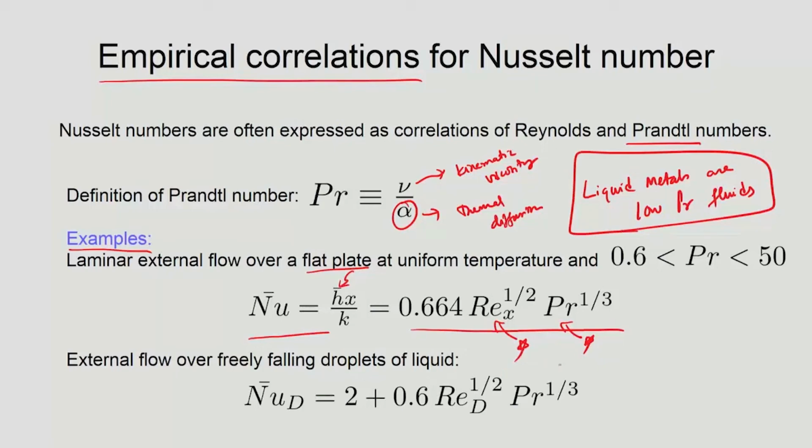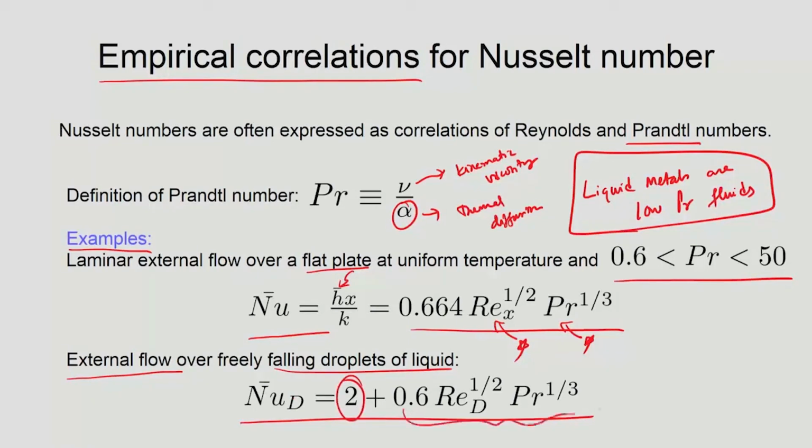And for all these correlations, always remember that there will be a validity range beyond which you should not be using those correlations. For example, for external flow over a freely dropping droplet of liquid, the correlation is given as 2 plus something. We now know where this 2 has come from. It is from the pure conduction solution, and the rest of it is an addition due to flow.